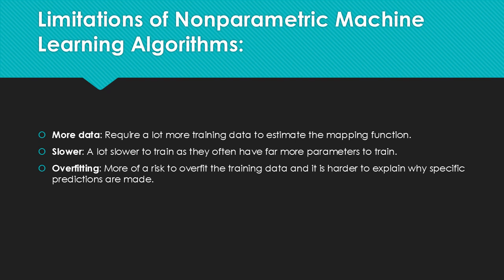Since for each and every iteration it has to be trained to choose the number of parameters, it is slower. One more thing is overfitting. Whenever we choose a high number of parameters, it causes the overfitting problem. Overfitting is when our model's best fit line fits all the training data but does not fit the testing data.